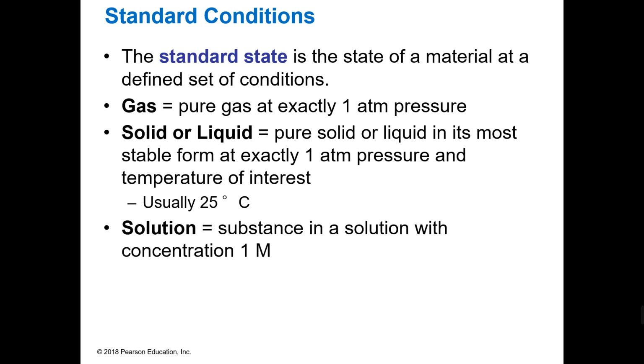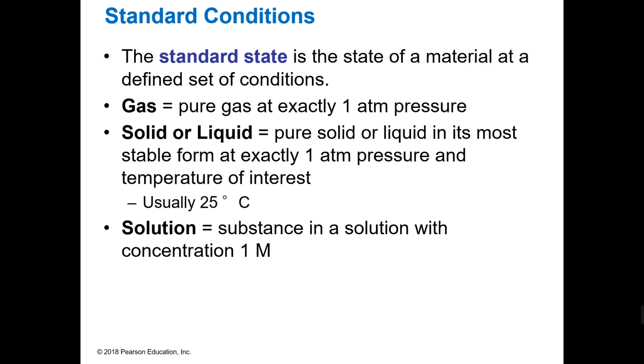So if you'll recall, standard conditions basically just mean, just like what it says, a standard condition. It's a condition in which things are just normal. So for gas, we're talking about a pressure of 1 atm, 25 degrees Celsius, typically 1 molar. And that's true for pretty much everything.